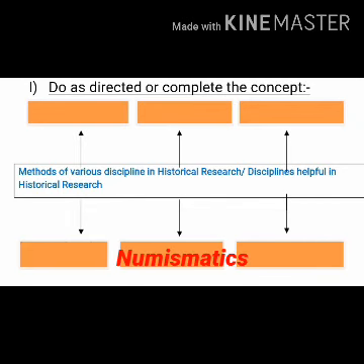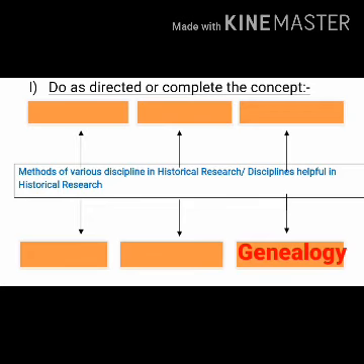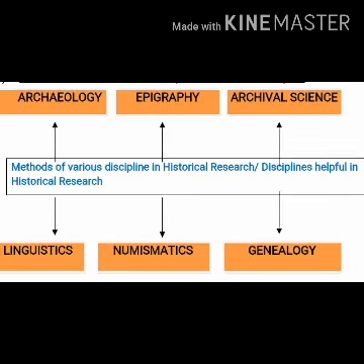Fifth box is numismatics, that is again the study of coins. And sixth box is genealogy, that is called the study of lineage or the study of ancestors. So note down all these answers in your worksheets now.